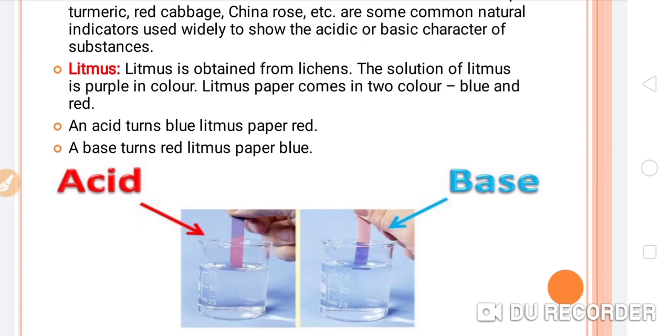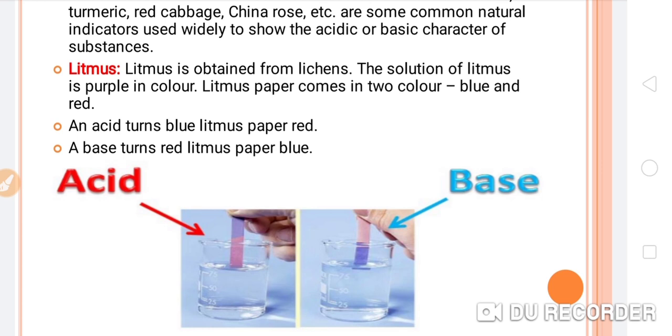And litmus paper comes in two colors, blue and red. Now you have to identify from the given solutions, using the blue and red litmus paper, which one is acidic and which one is basic. So let's see.